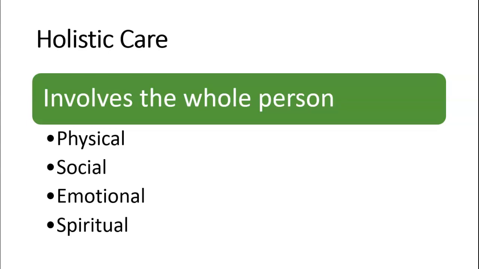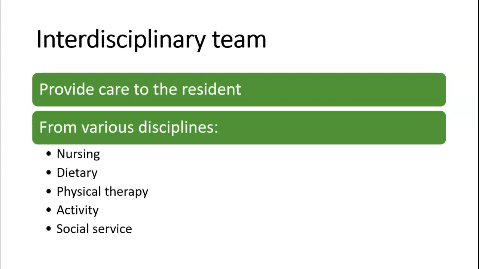And of course, the social part's really important, as we've all been social distancing lately and stuck in our homes. We know how important that social component is, and that's true also in the aging, in the elderly, in the nursing homes. They really need to avoid isolation, and they need to be spending time with others. So holistic care is caring for the whole person.